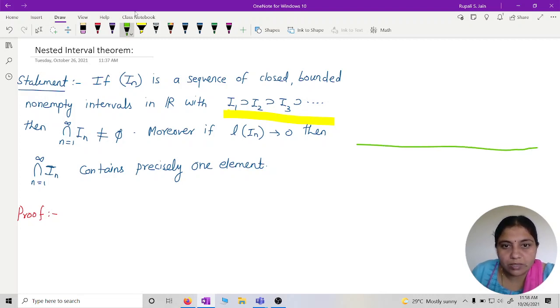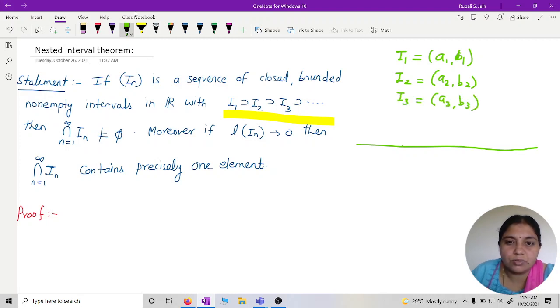Let us draw I1, I2, I3. Let's say I1 is nothing but A1, B1, I2 is say A2, B2, I3 is nothing but A3, B3 and so on. It is a closed and bounded interval. Sorry, I wrote open, so it should be closed.